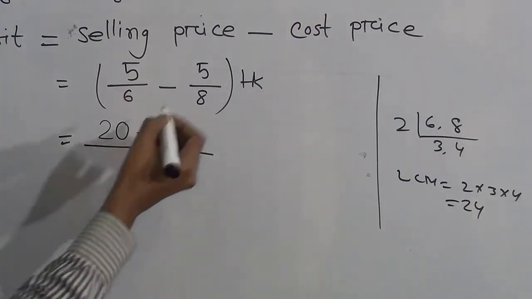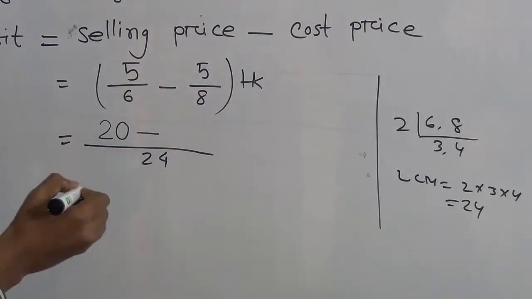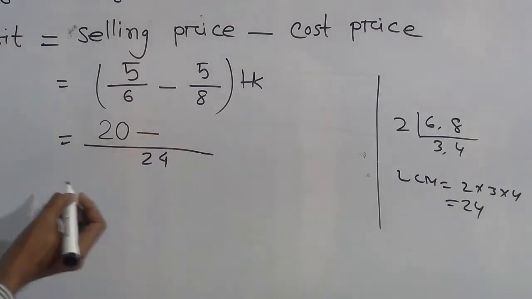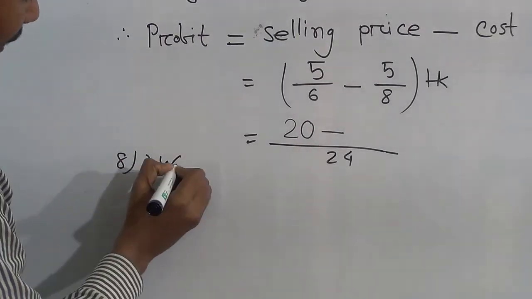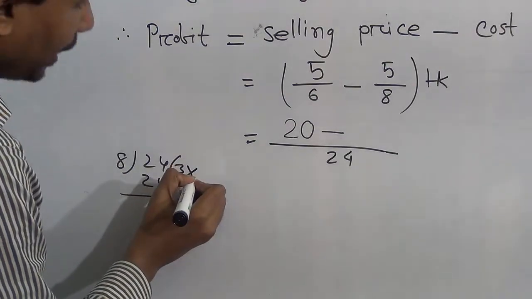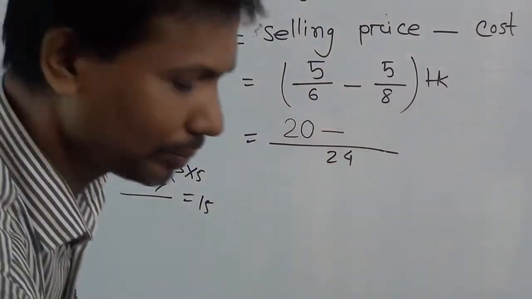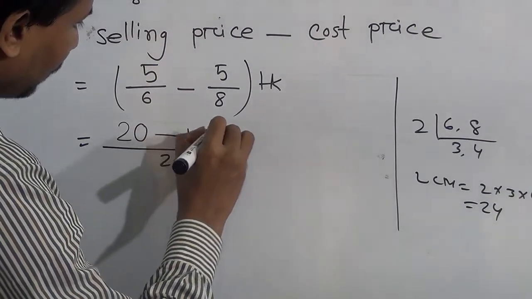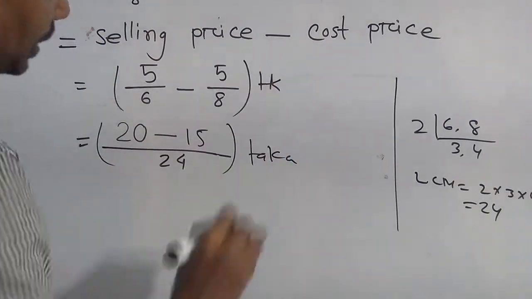I repeat again, you divide 24 by 8, then you get 3. Then multiply this 3 with 5. That means 15. Right here 15. This is in taka, or short form TK.